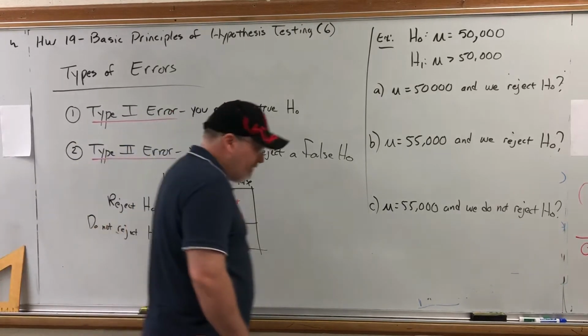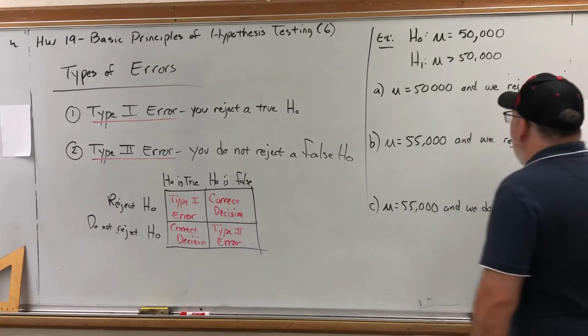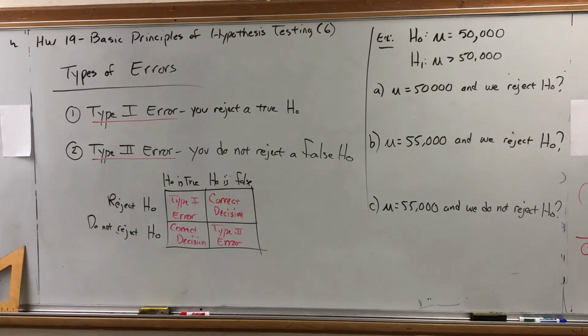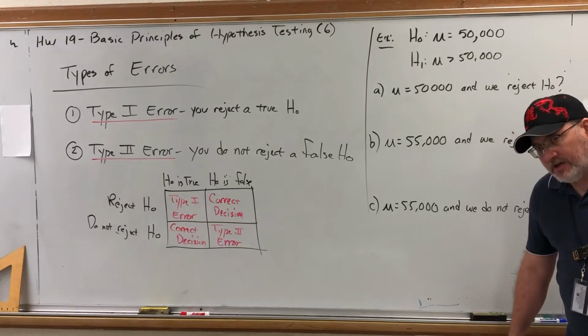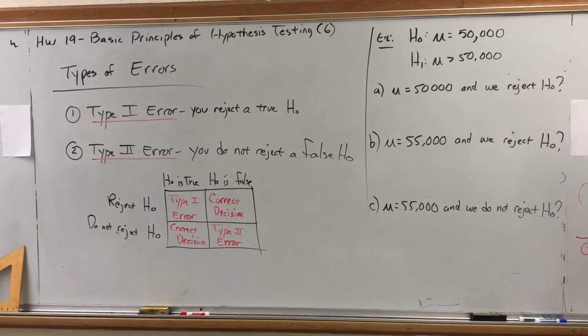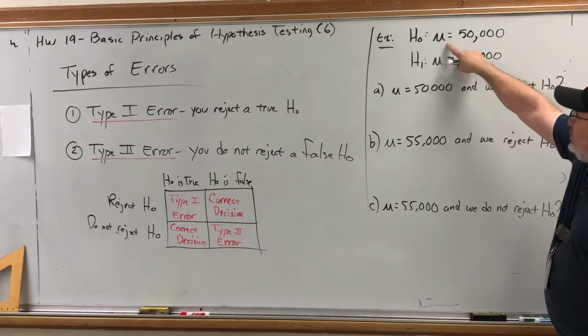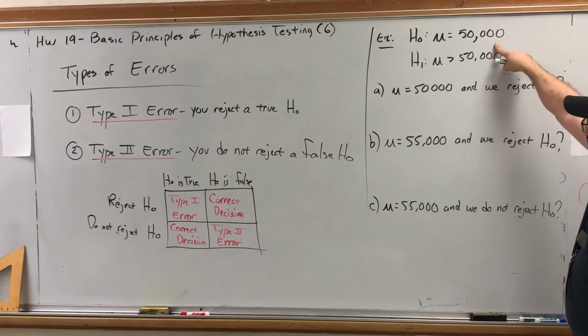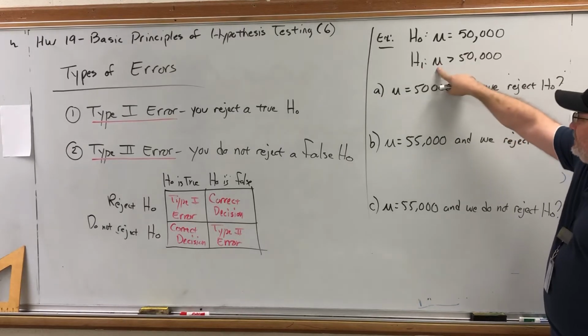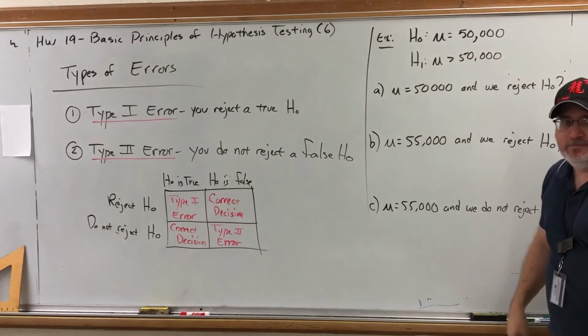Over here we have some examples of some hypotheses and some decisions, and although I didn't write the question, it is: what type of error was made, or did we make the correct decision? So our hypothesis is a population mean is equal to 50,000 as the null. The alternative is, no, we say it's more than 50,000.